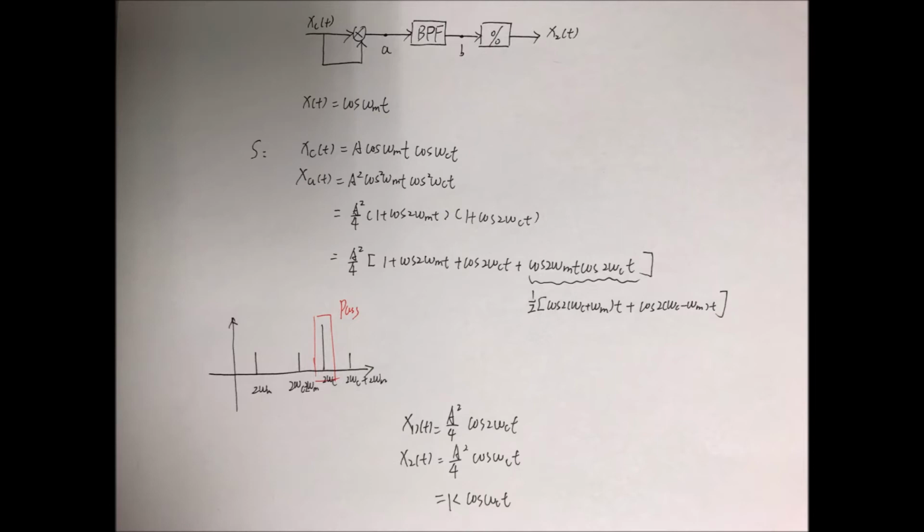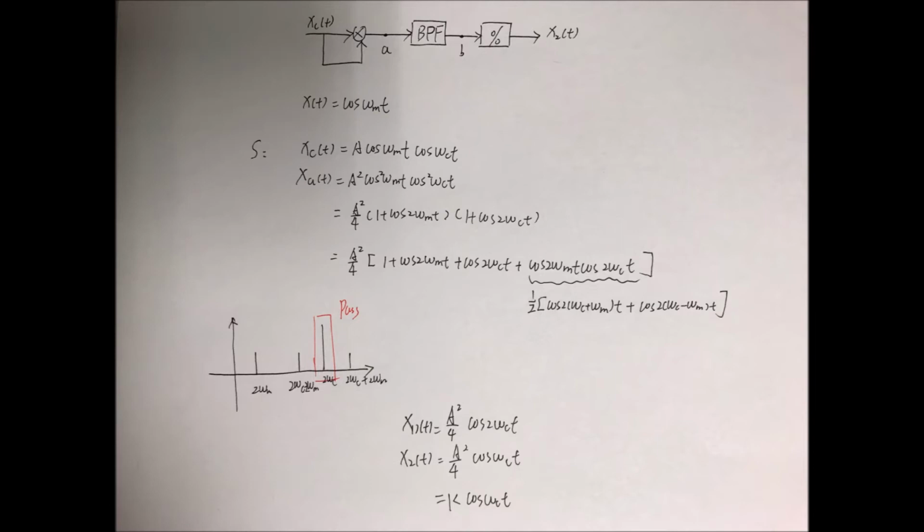If you plot it, I'm going to have 2 omega c, omega c minus 2 omega m, 2 omega m, and 2 omega c minus omega m. We have 4 line spectrum. This signal will pass a bandpass filter.